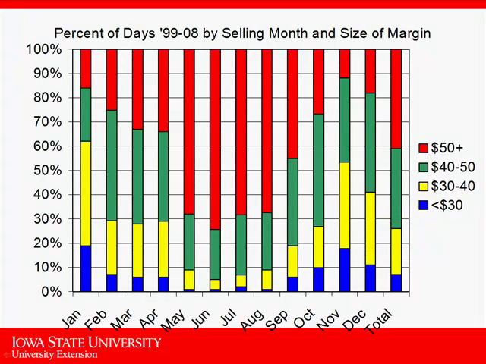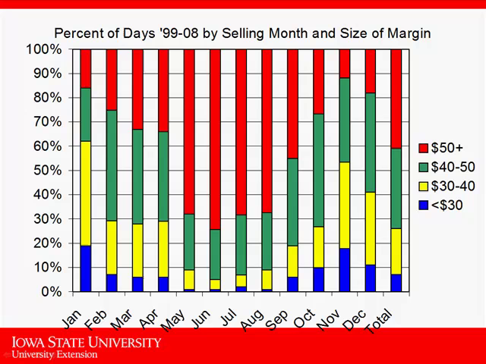Another way to look at it, for those who are into pictures, this is the percent of time, and this is in table form in our paper. This would be out of that 10-year period, 14 months worth of trading, with 250 or more trading days.